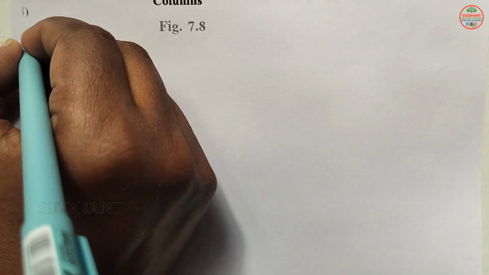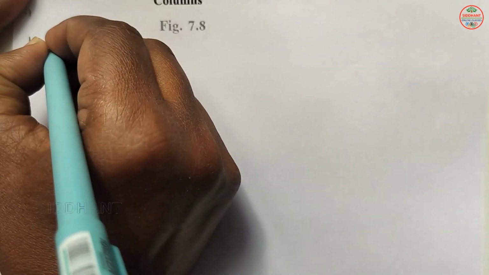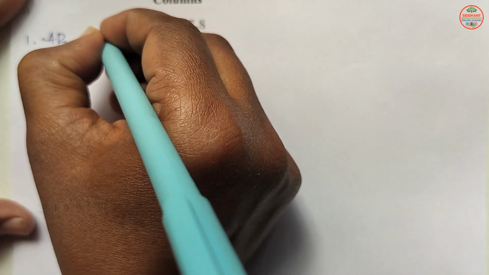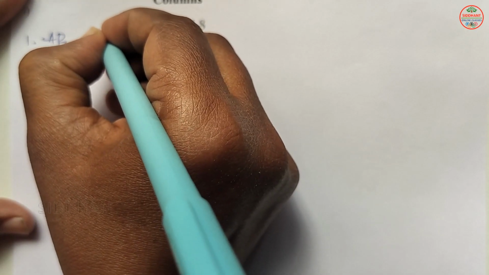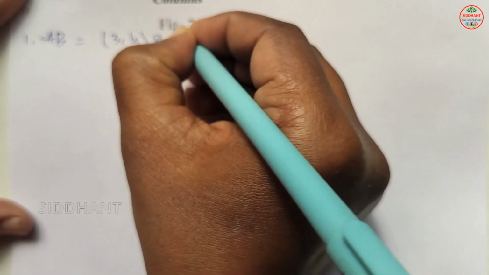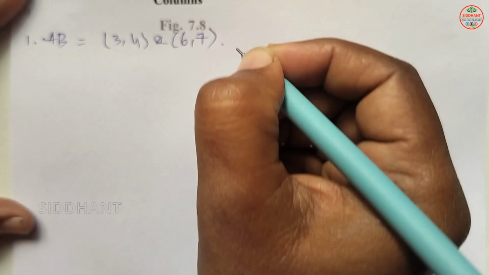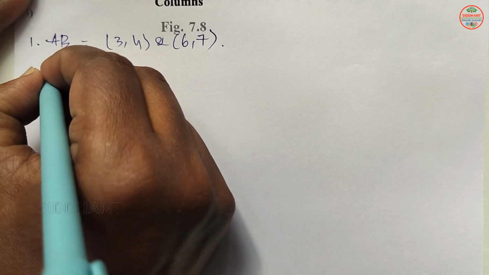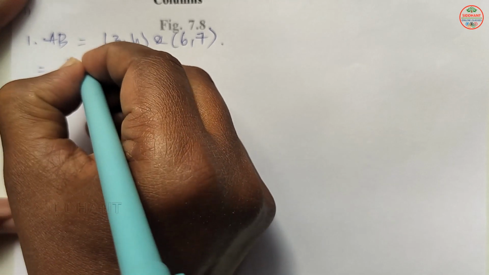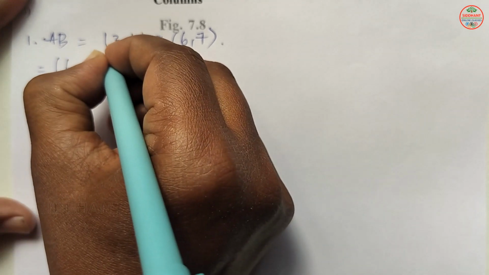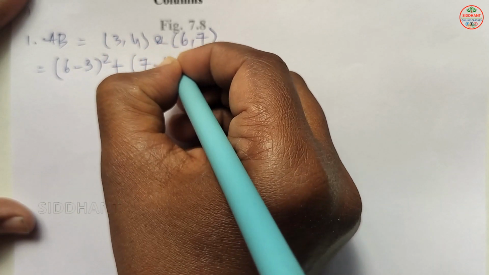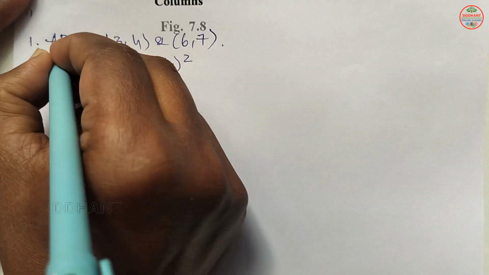So first we are going to see the AB distance here, which is AB equal to 3, 4 and 6, 7 here. So the distance between AB, when you are going to say x2 minus x1, 6 minus 3 whole square plus y2 minus y1, 7 minus 4 whole square here.